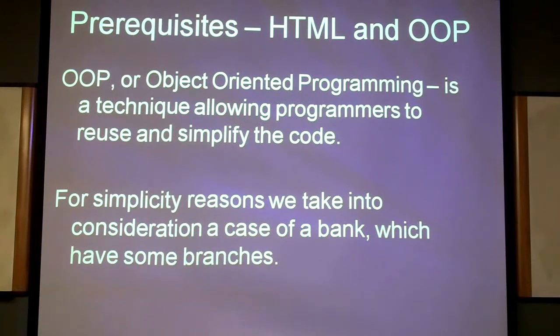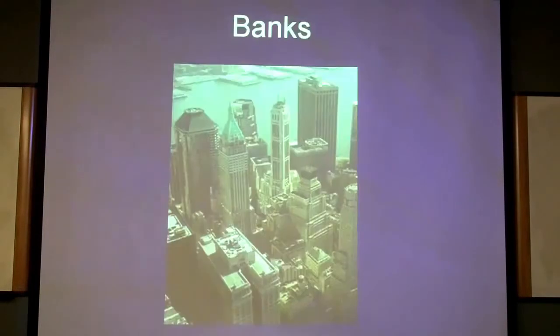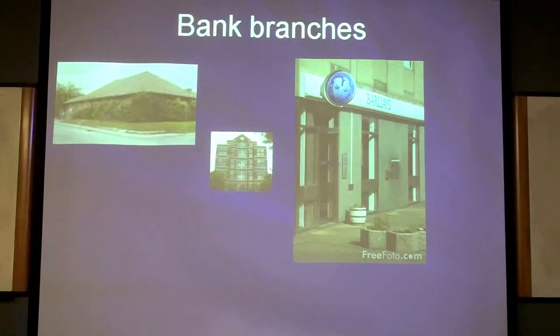Okay. So for simplicity reasons, just to illustrate the concept, I took an example of a bank which has some branches. We can imagine that this is the headquarters of the bank, which might not be the case nowadays because of the crisis. But anyway, let's assume one of the buildings in Manhattan is the headquarters. And this bank may have different branches across the country.